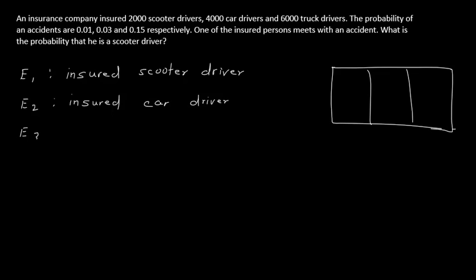And E3 is an insured truck driver. So E1 is insured scooter driver, E2 is insured car driver, and E3 is insured truck driver. And I have an event A. Event A is the insured person meets with an accident.